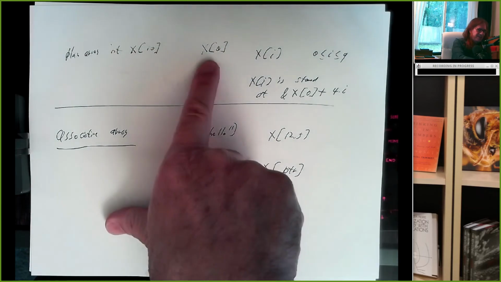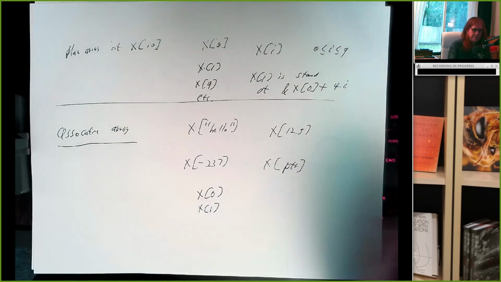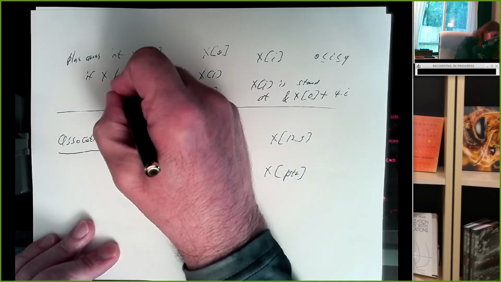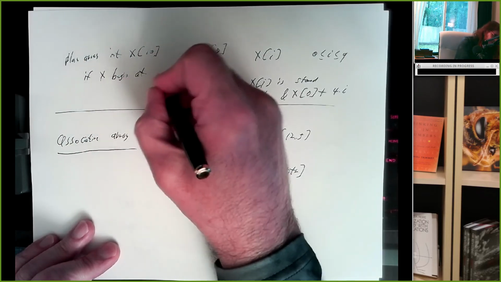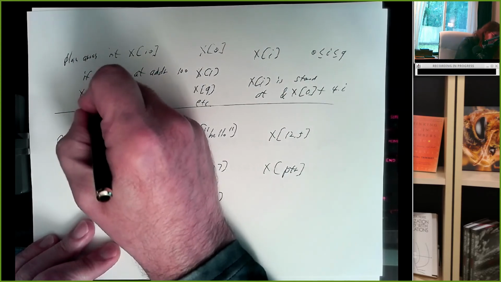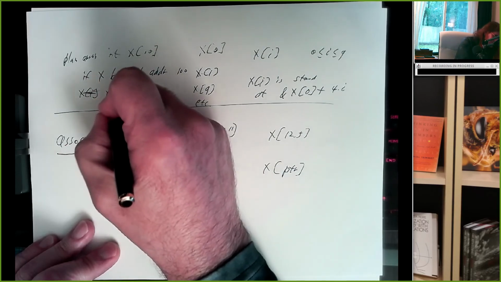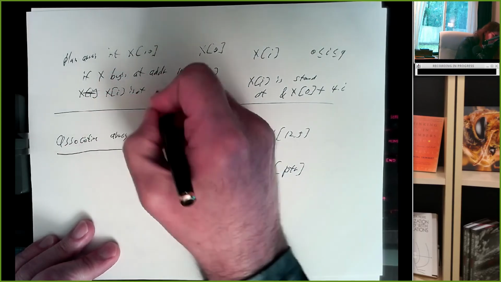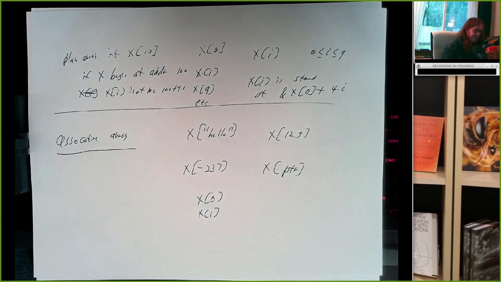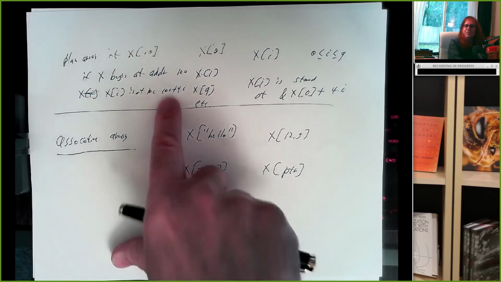So if x begins at memory address 100, x bracket I is at location 100 plus 4 times I. If I want the 15th element of my array, x bracket 15, it's going to be at location 160. Why? 15 times 4 is 60, plus 100, 160.